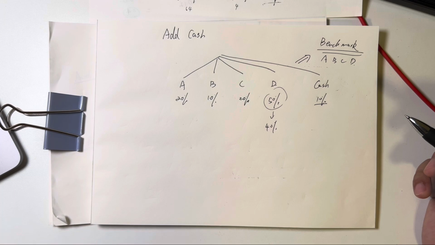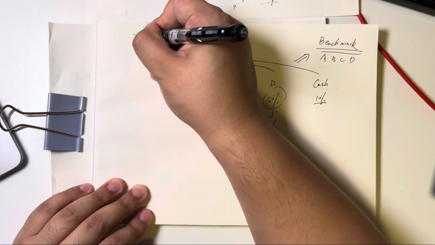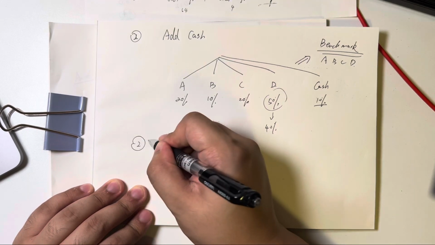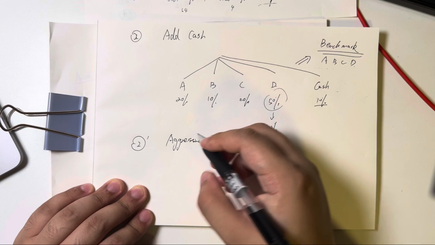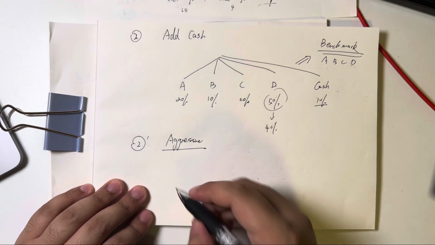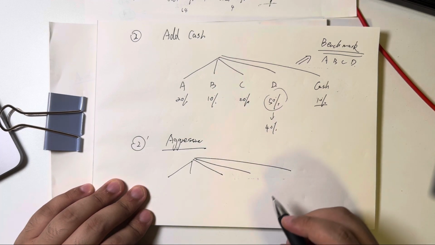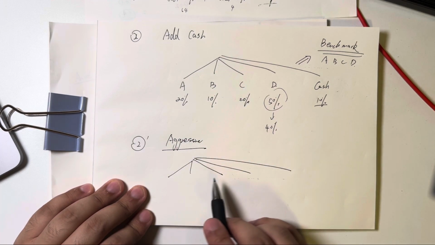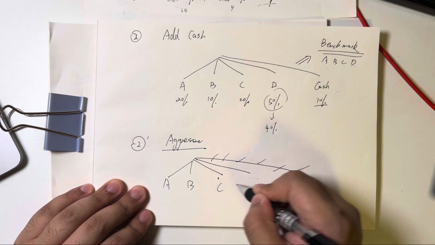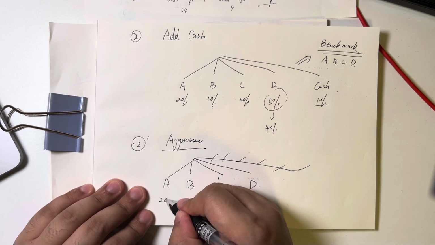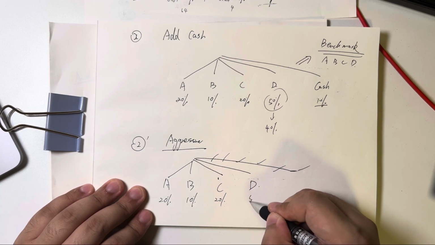Okay? But this is like scenario 2, if you change the aggressiveness of your combination, so let's think about this. A, B, C, D. So for example, 20, 10, and 20, and 50.